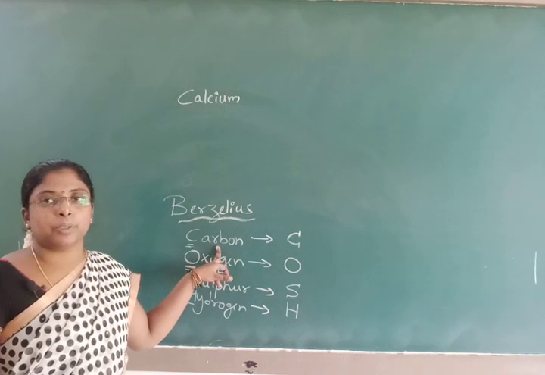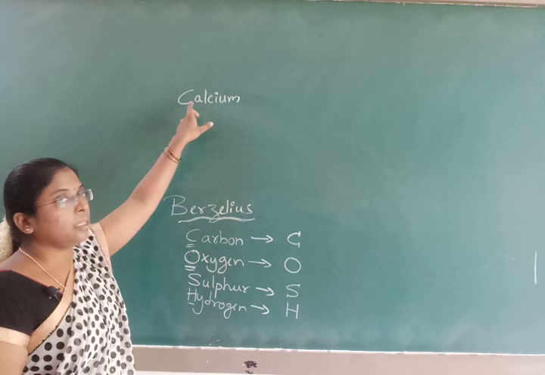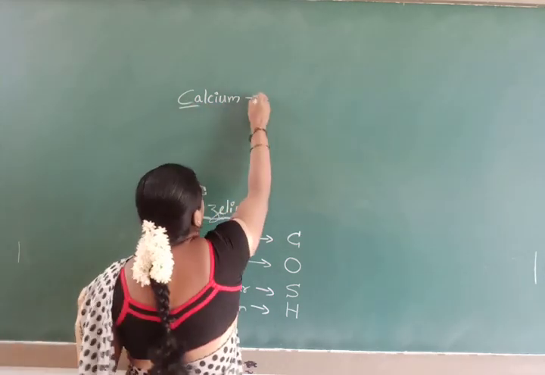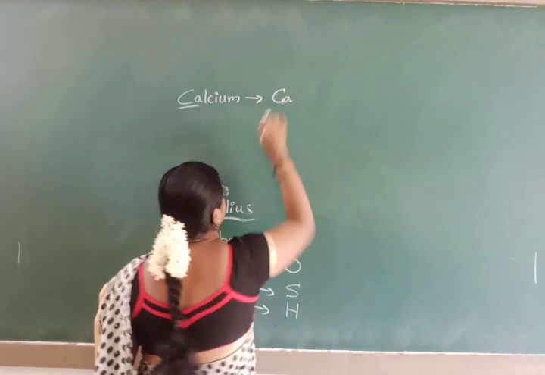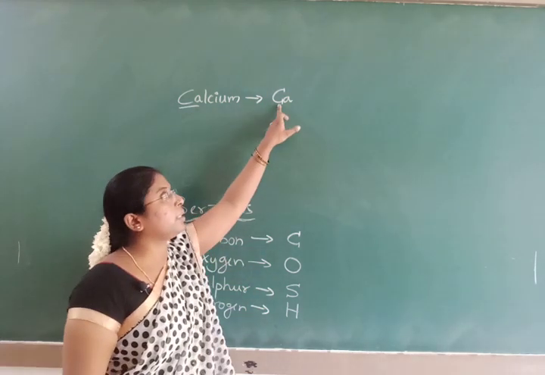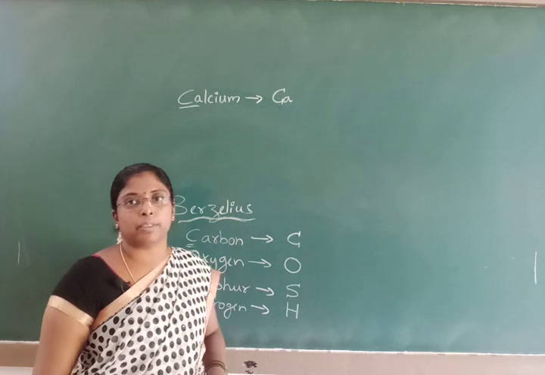So Berzelius used the first two letters as the symbol, Ca. The calcium symbol is capital C and small a. Berzelius said the first letter should be written in capital and the second letter in small.